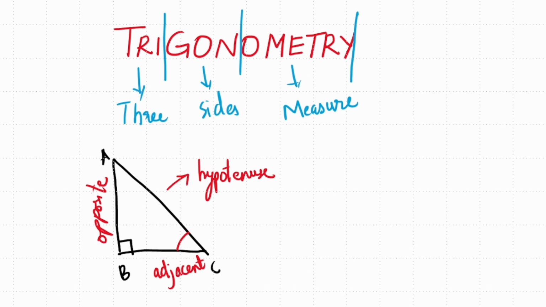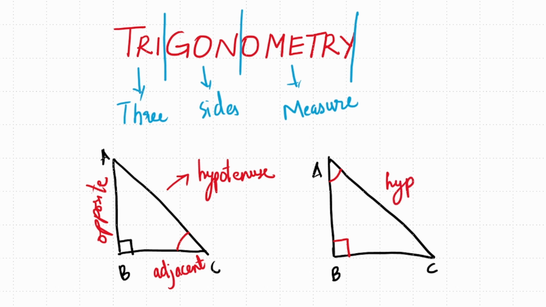Let us take another angle in the same triangle, but this time with respect to A. This is A, B, C, and it is 90 degrees at B. So you know what AC is, the longest side of the triangle, which is the hypotenuse.